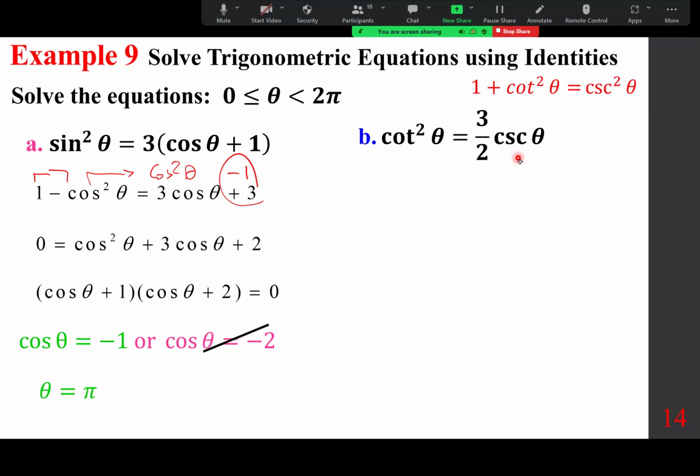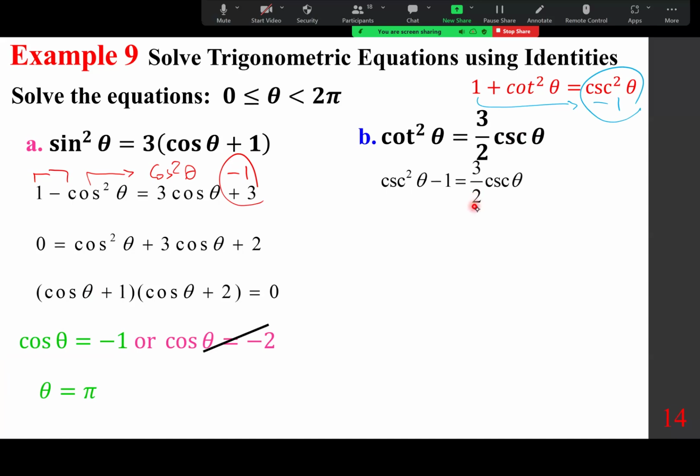We are going to use that, which means we are going to change this to cosecant squared theta minus 1. Why do we change it that way? Because this side has cosecant theta.